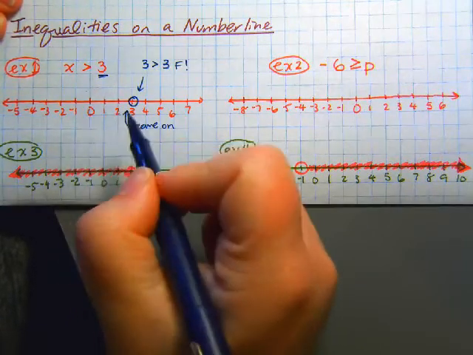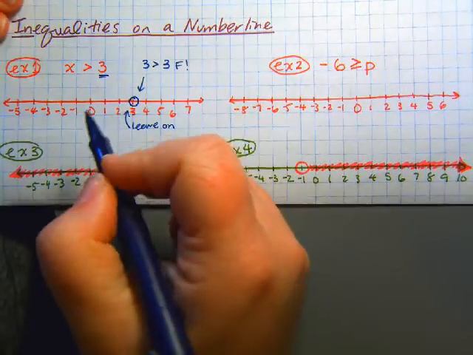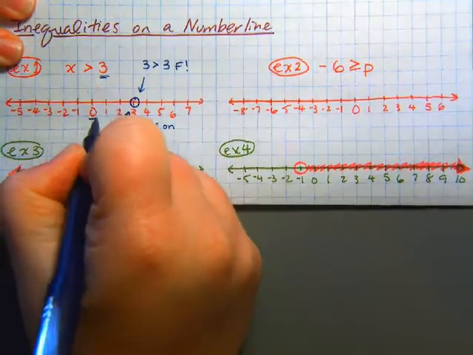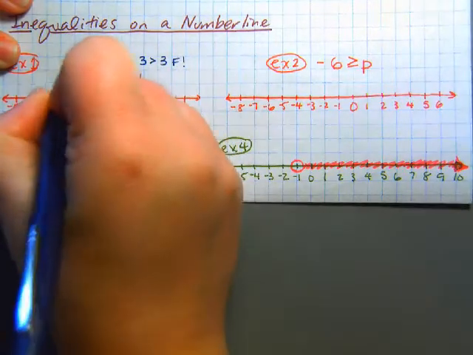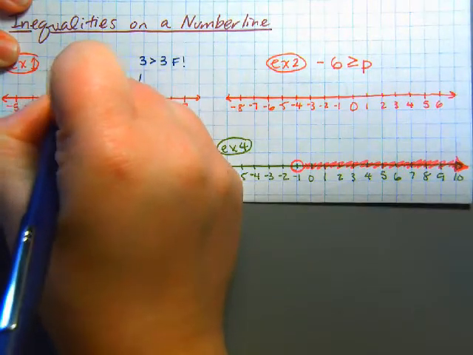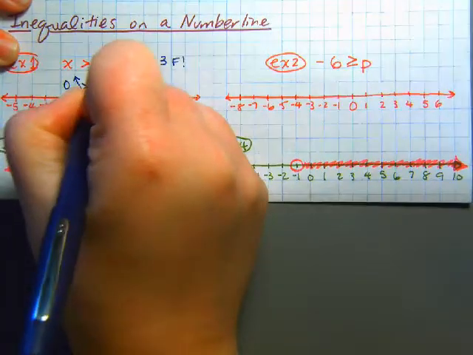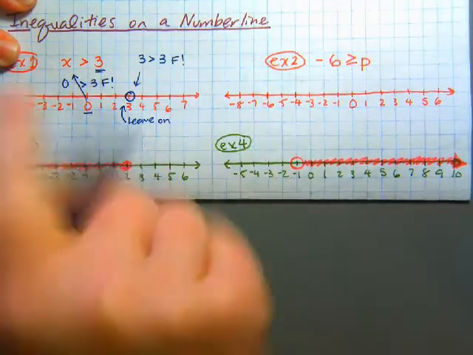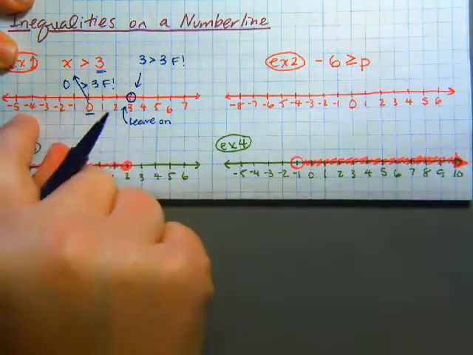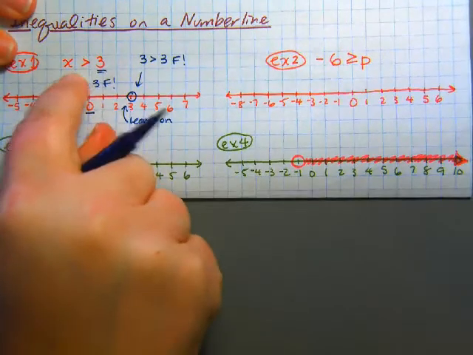Okay, so what I like to do is pick a test point. So for example, 0. If I again were to take 0 and plug it in for x, we would have 0 is greater than 3. That is false. So you do not want to shade this side containing 0, because solutions are things that make this true.